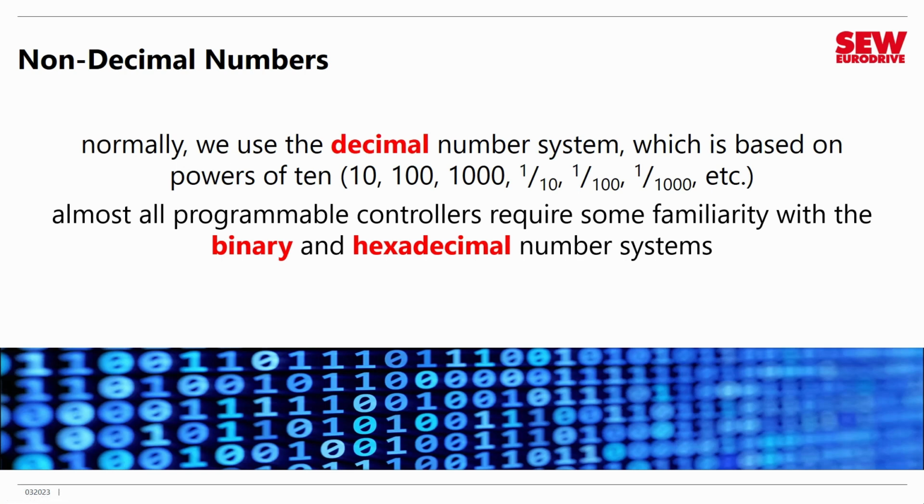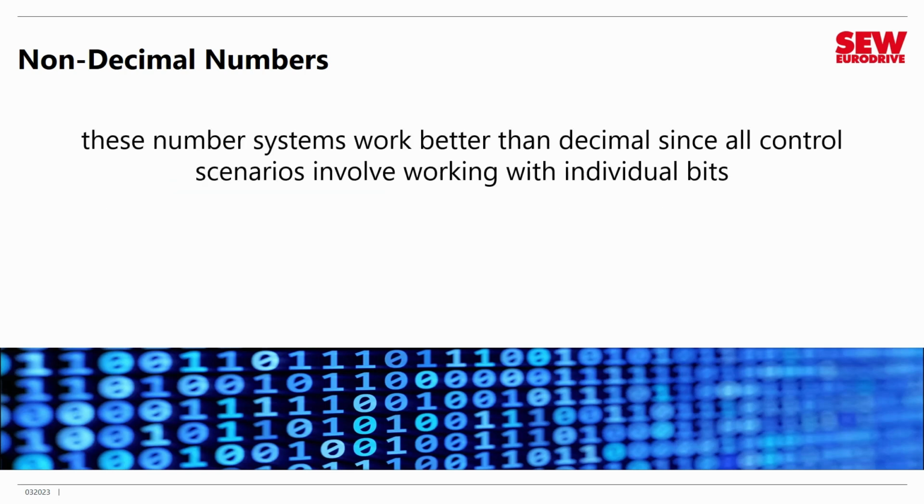Almost all programmable controllers require some familiarity with the binary and hexadecimal number systems. These number systems work better than decimal in a control environment since all control scenarios involve working with individual bits. We use bits to do things like turn a motor on and off, initiate an operation, communicate with an I/O device.